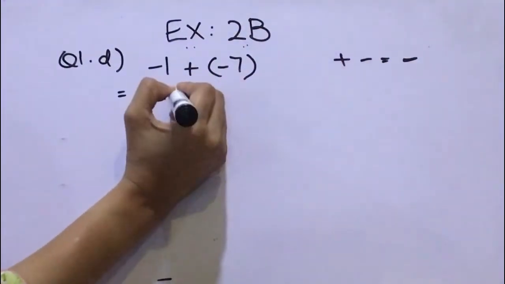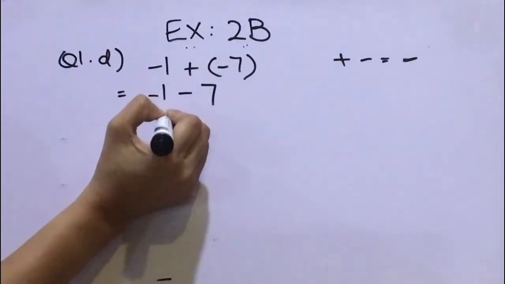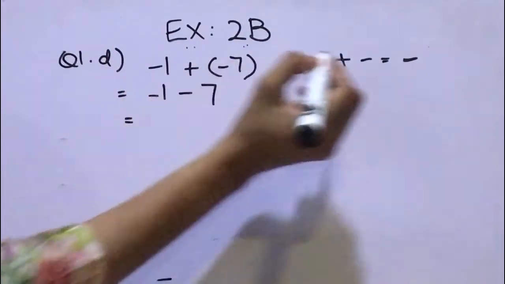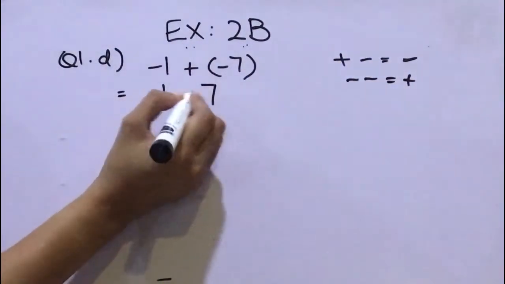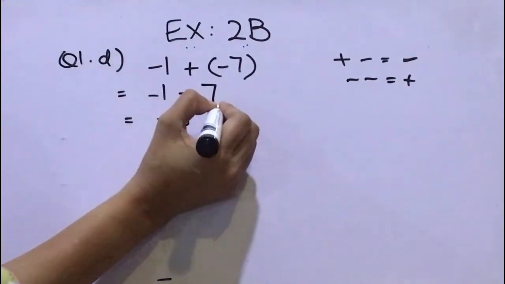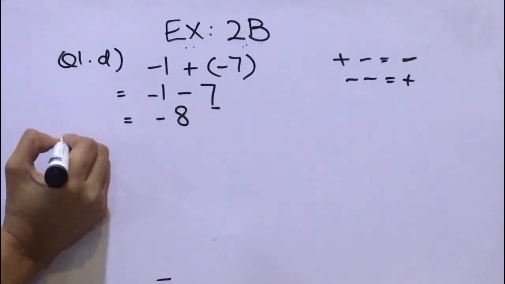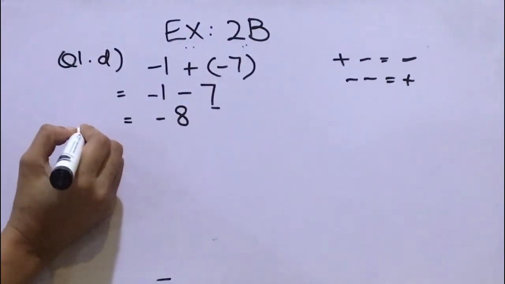We will do subtraction. Minus 7. The answer would be: minus and minus will behave like addition. So 7 plus 1, 8, and the sign would be minus because 7 is the greater number as compared to 1.